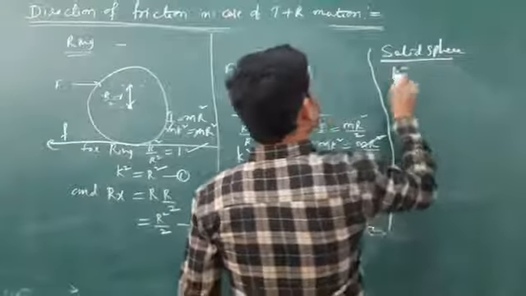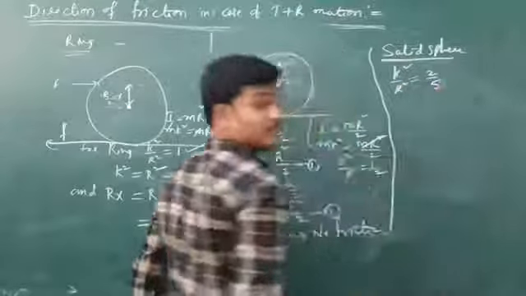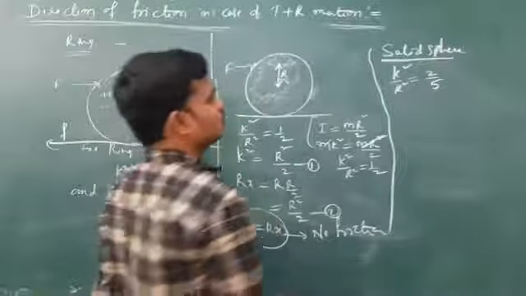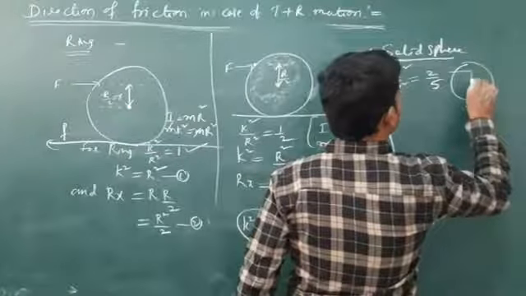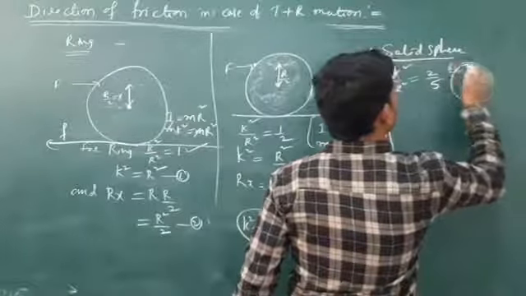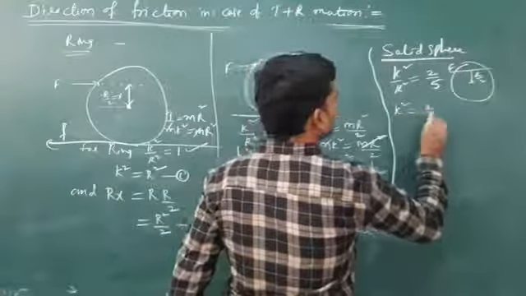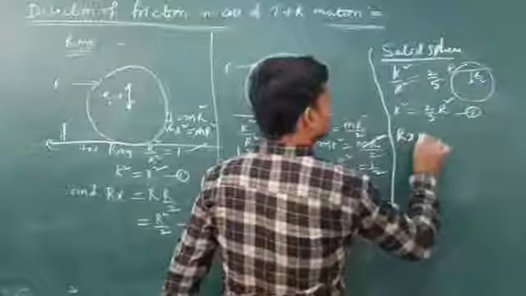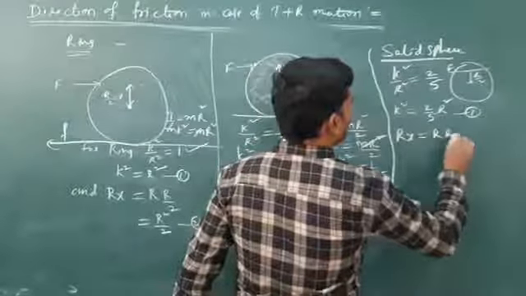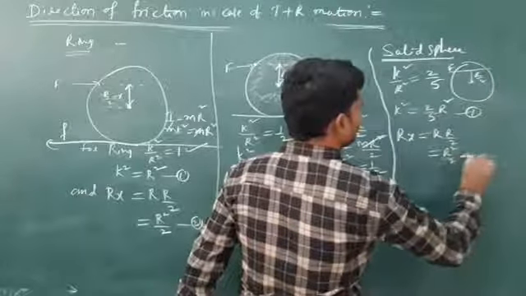Now let us check for a solid sphere. Solid sphere, k square by r square value is 2 by 5, since the moment of inertia is 2 by 5 m r square. Again force is applied at r by 2. So k square is equal to 2 by 5 r square, and Rx is r into r by 2, which is r square by 2.